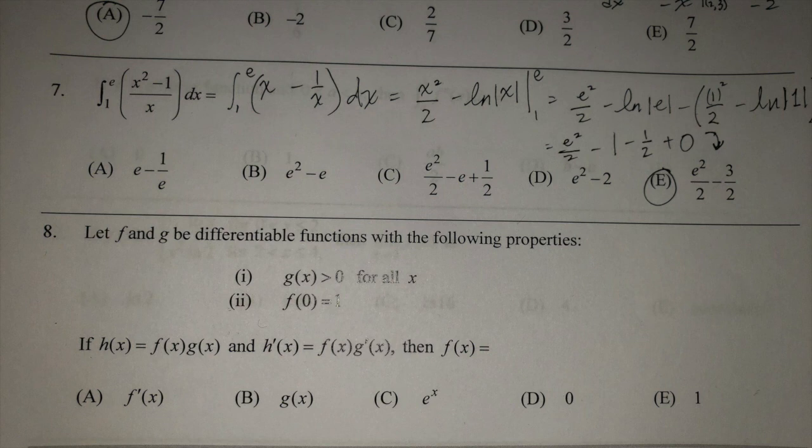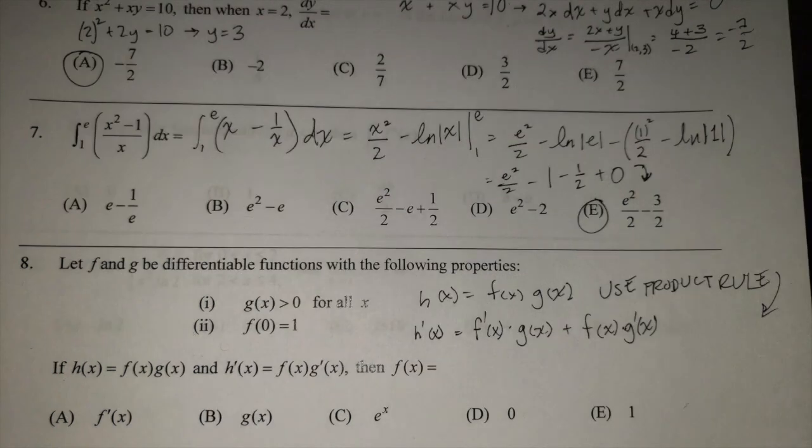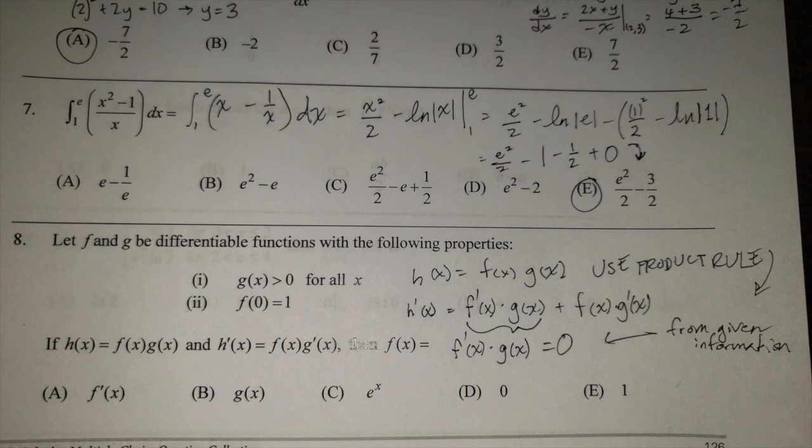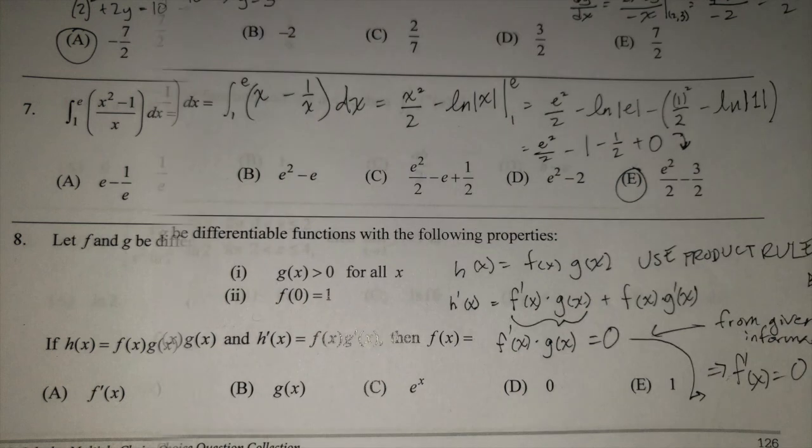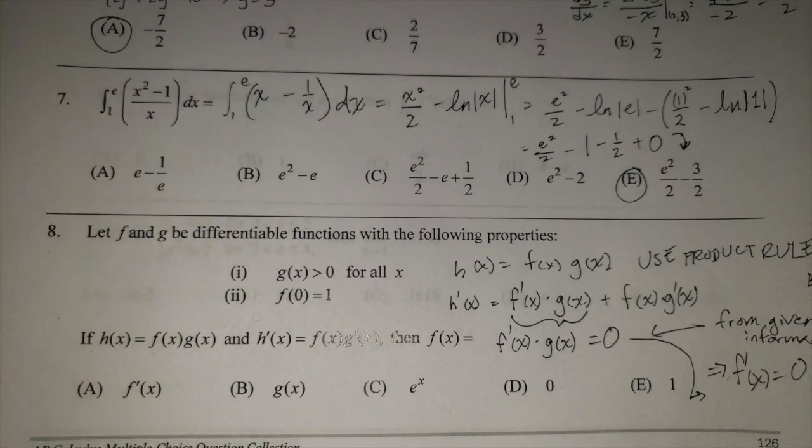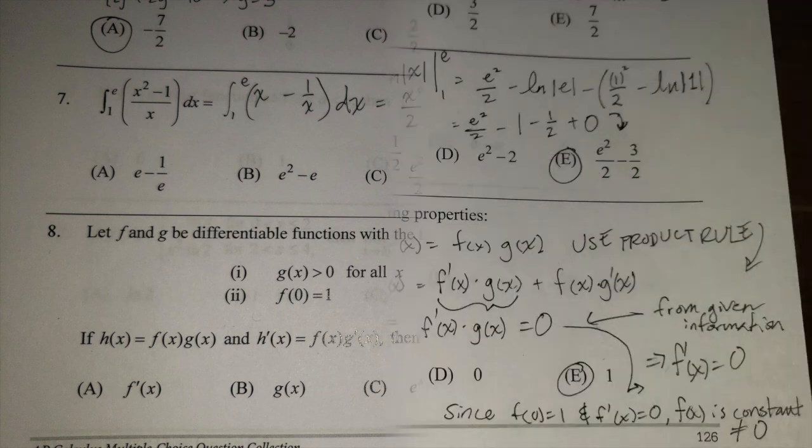When we are given the fact that our derivative of h is f times g prime, that tells us the first part of the product rule, f prime g, is equal to 0. We know that g is greater than 0 for all of our terms, so f prime has to be equal to 0. Since f prime is 0, that tells me that f of x is a constant value. If f of x is a constant value and we know that f of 0 equals 1, f has to equal 1.